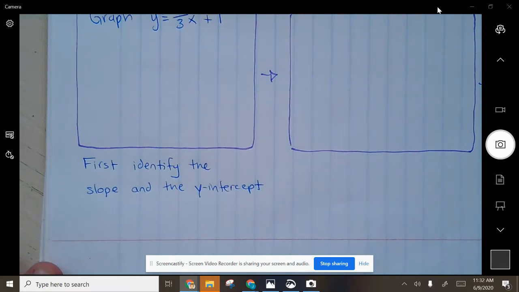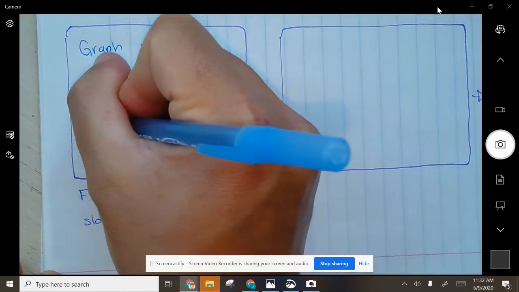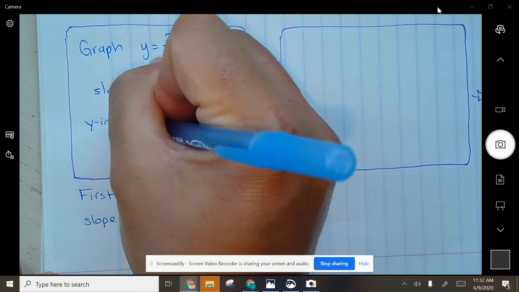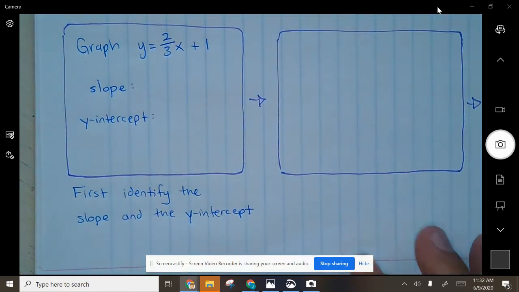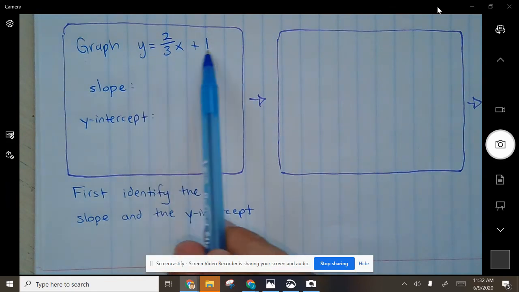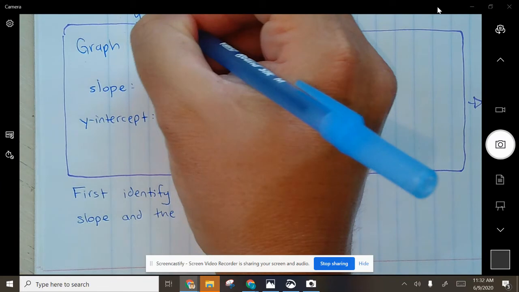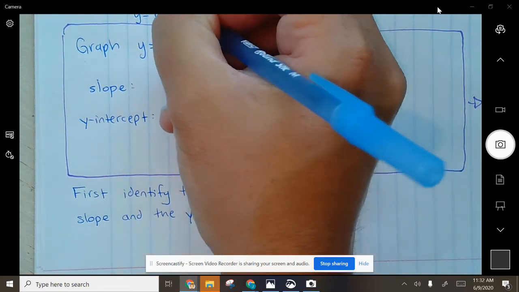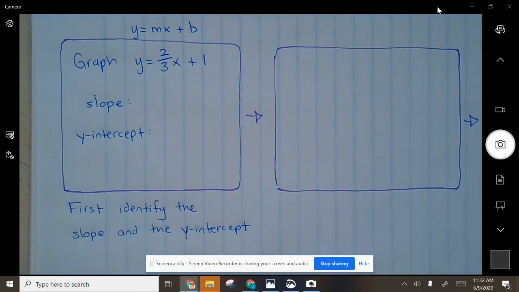Okay? So that's super important. Right here, I'm going to put slope and Y-intercept, and we'll talk in more detail today about these two things. But this form you're going to see a lot. Write this up here: y equals mx plus b, okay?